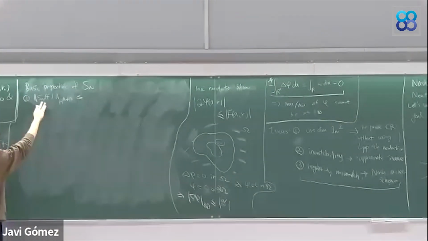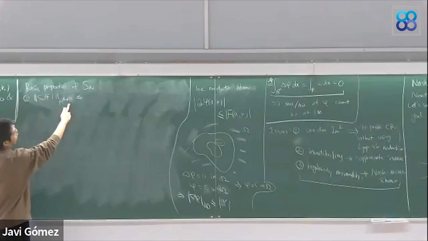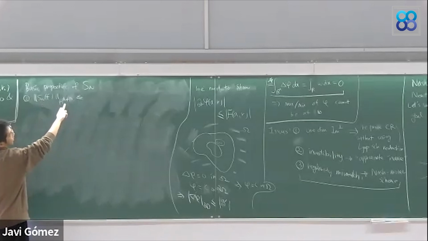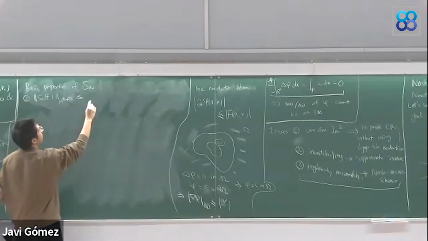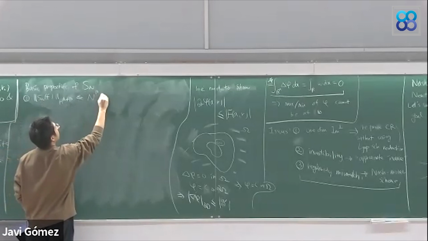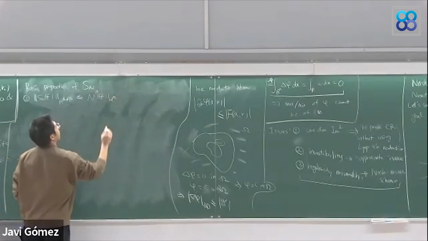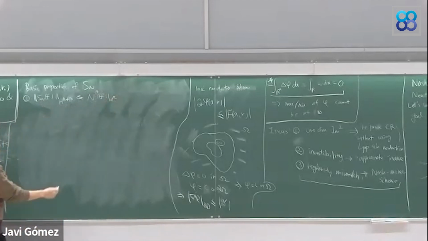Once you use smoothing, it's much more regular. It's actually smooth. It's more regular than H^k, so we can take a higher Sobolev norm, and that is bounded by N to the beta. So we have to pay this price.